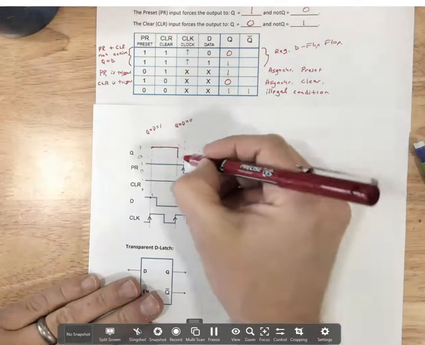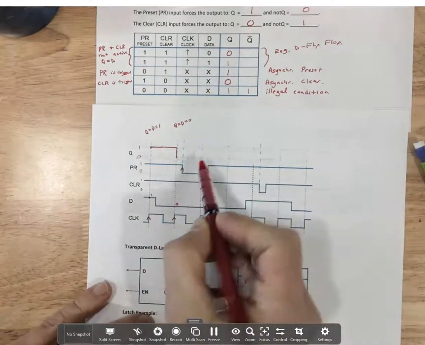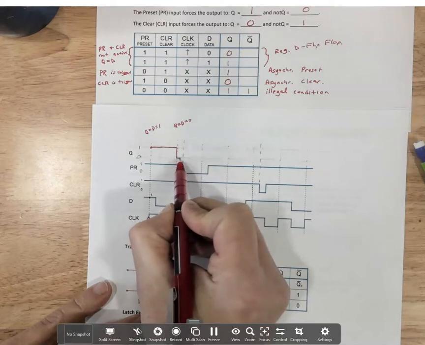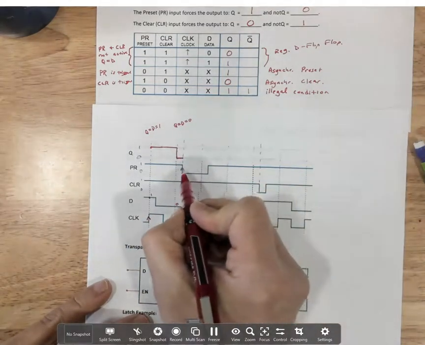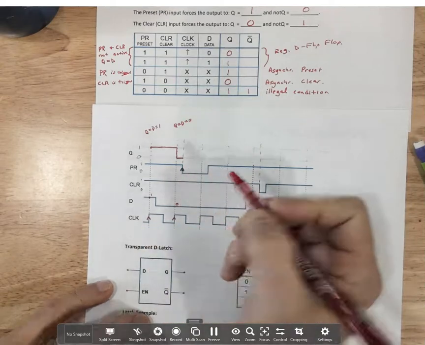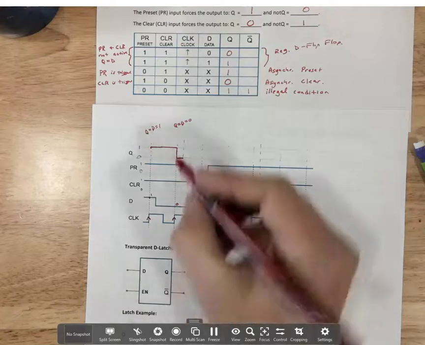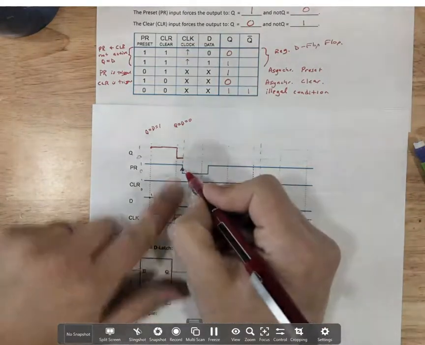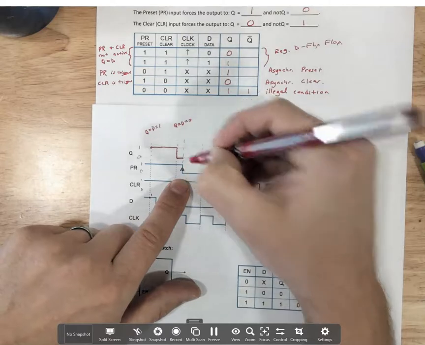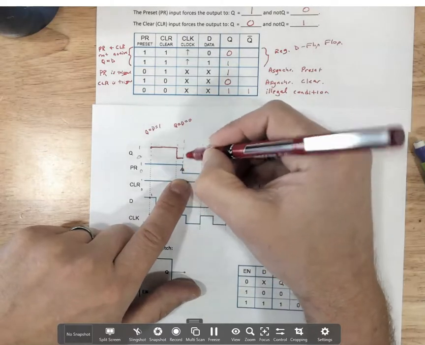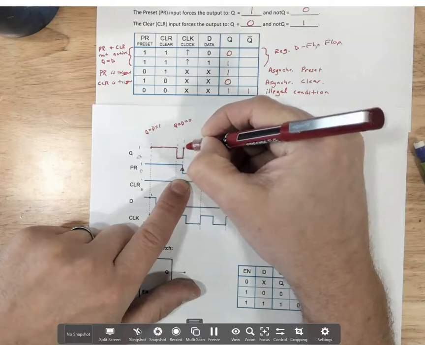And this is where we're not going to say Q stays low for the next interval, because we see along this next interval that as time starts to pass, boom, right there, that's why I put that line there, preset has been triggered. It's active low, so that low signal, even though we're not at a rising edge, it will override in that instant whatever's happening. So preset wants to make Q go high. So Q is going to jump up to high at that point.